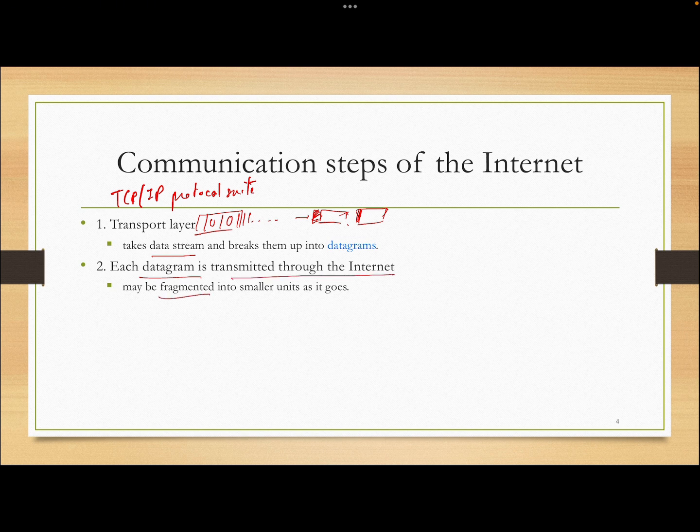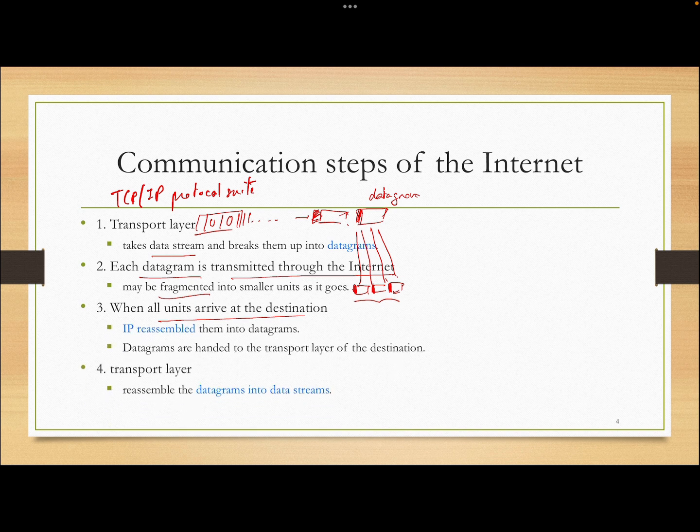It may be fragmented into smaller units, because some protocols use a smaller packet size, so you have a new header for that. So one datagram is fragmented into many smaller units, depending on the protocol in the network that you try to transmit through. When all of these units arrive at the destination, the IP protocol will reassemble them into a datagram again.